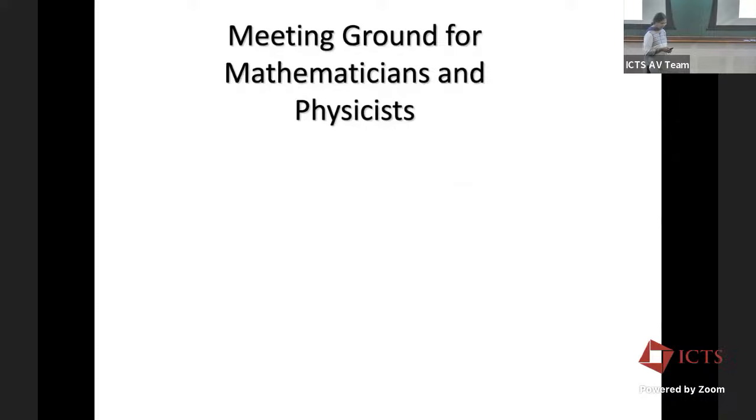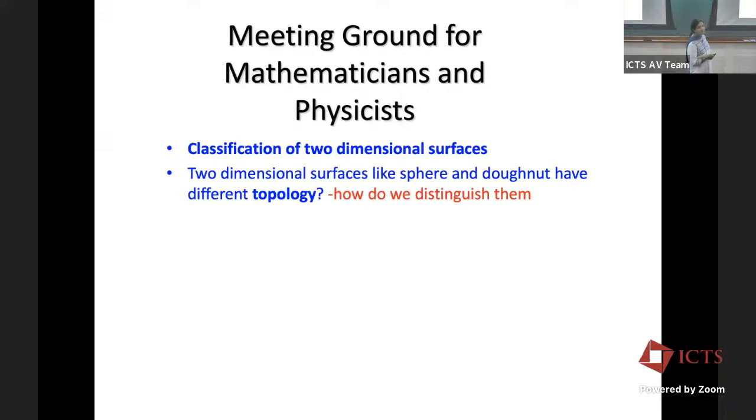Okay, so as I said, this area is at the interface of mathematics and physics, where knot theory was initially developed by mathematicians and then physicists took over. Why 3D? Why can't we do 2D? In 2D, you all know that Riemann surfaces, two-dimensional surfaces, are completely classified, right? Like genus, punctures, and Euler characteristics. Triangulating the surface you can do, and you can completely classify them.